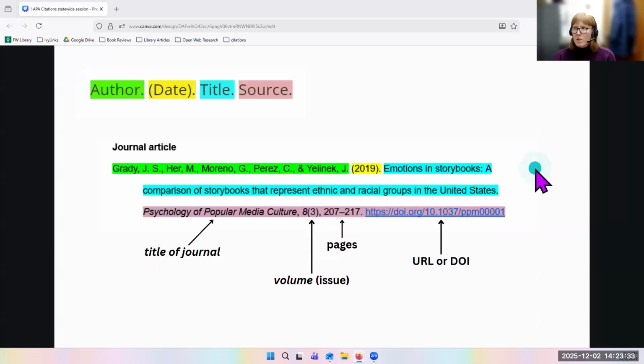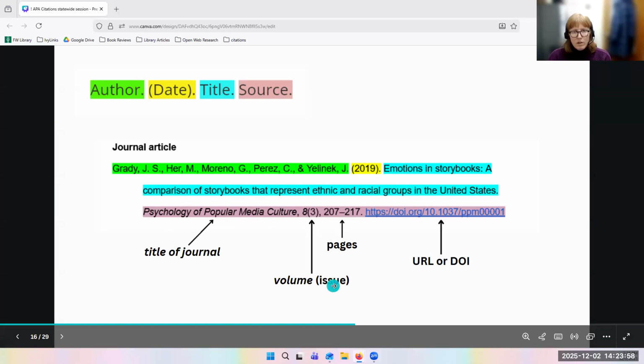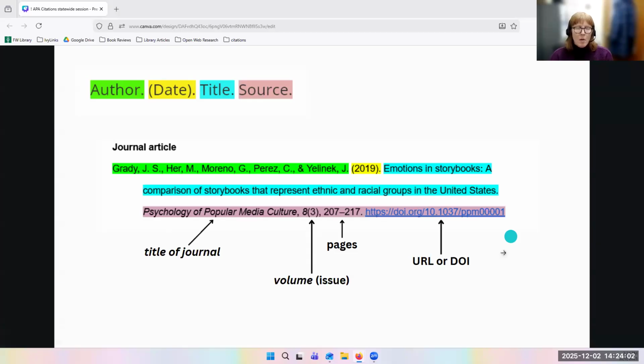Okay. Just want to zoom in on journal articles for a second, of what the different elements of the sources are asked for, right? In the source of a journal, it's asking for all the information that you would need to find that article. And that includes the title of the journal, the volume and the issue, the pages, and then the URL.